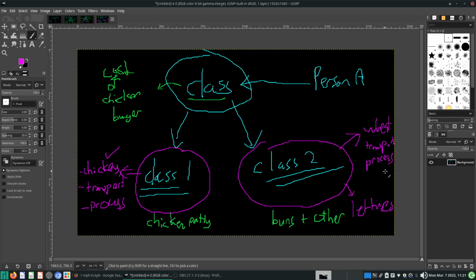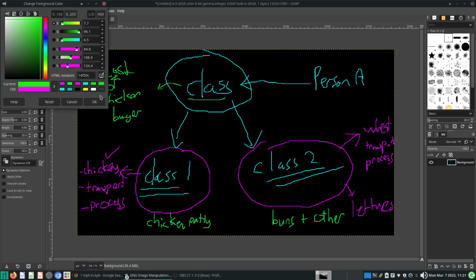It also depends on what the customer wants to order. You never know, right? So person A is only responsible for putting this chicken burger together, the chicken patty and the buns, and maybe you make some profit and pay tax, then it can come up with the cost of a chicken burger.